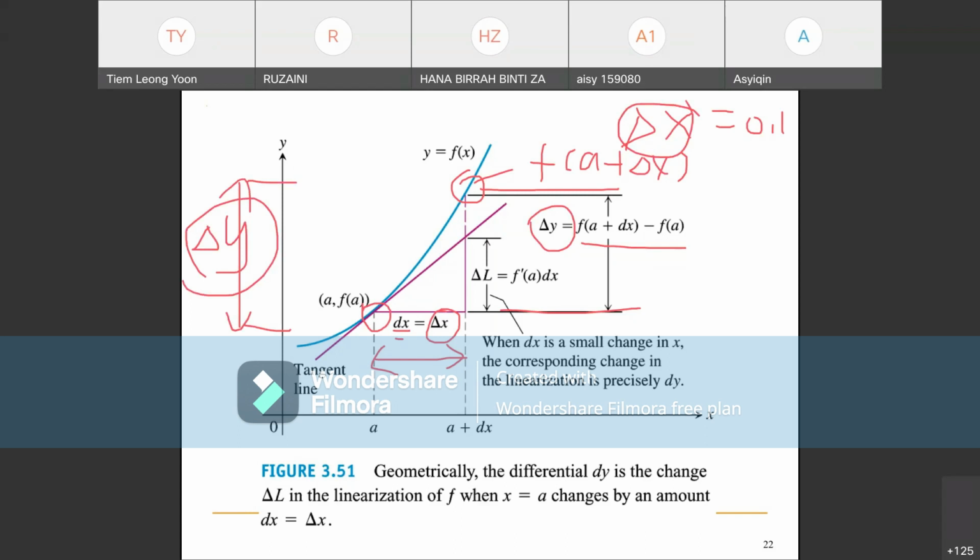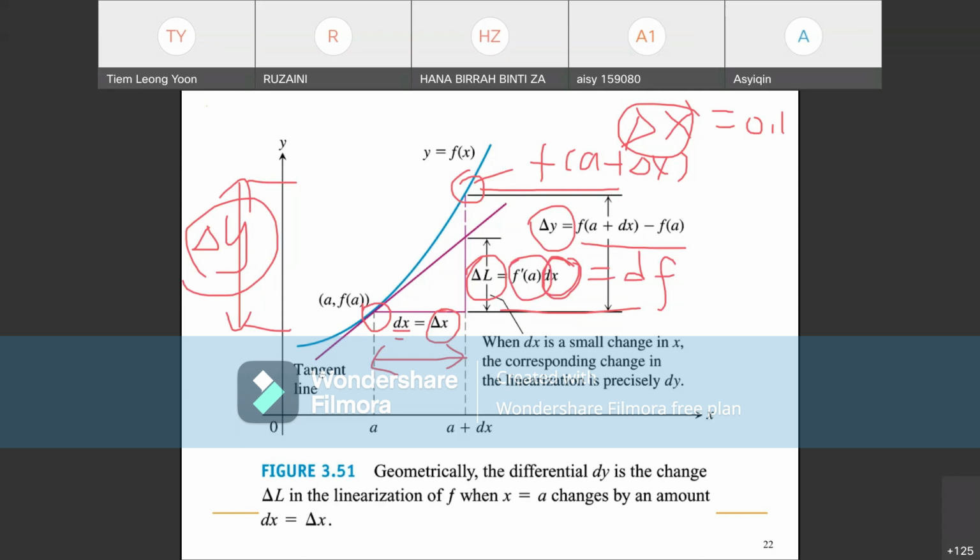So according to the definitions, delta y, which is the exact change in the function, could be approximated by this delta L, where delta L is just the differential of the function at the point x equals a. df is just the derivative of the function at the point a multiplied with the change of the variable x.